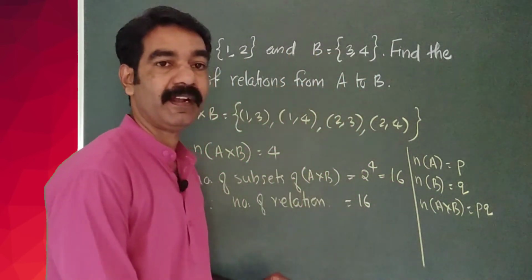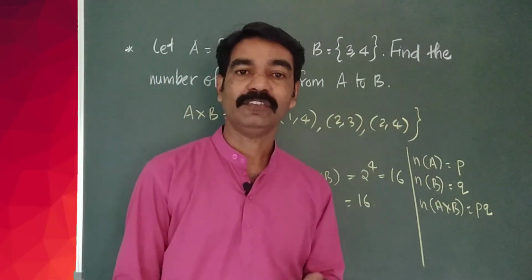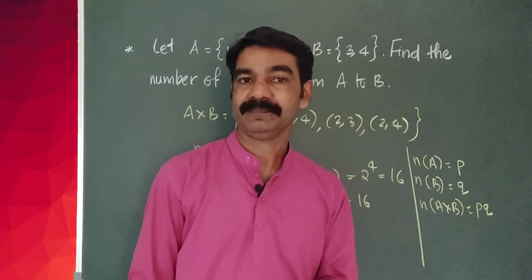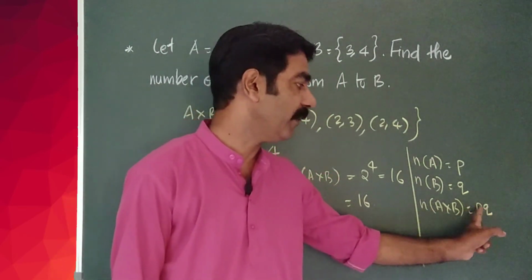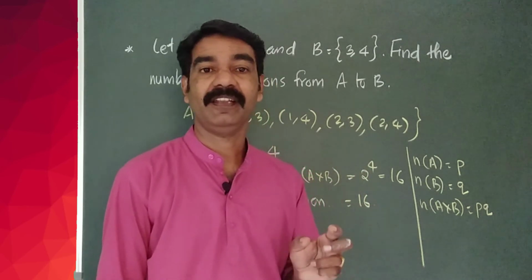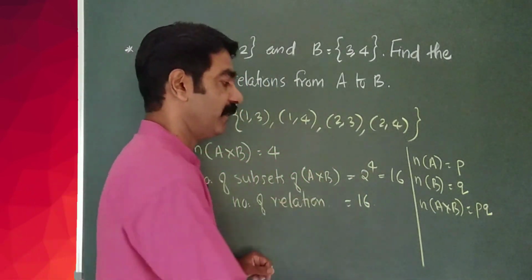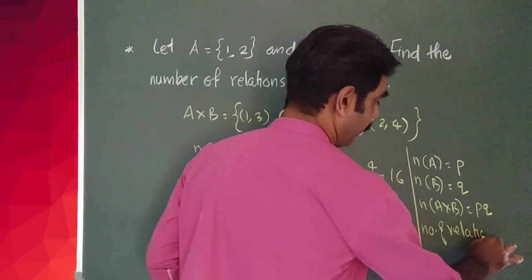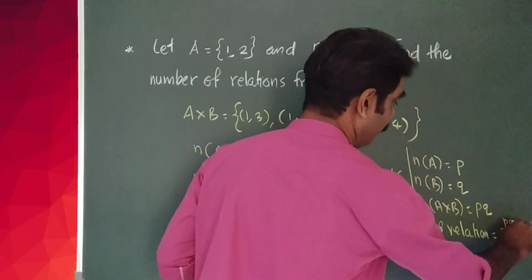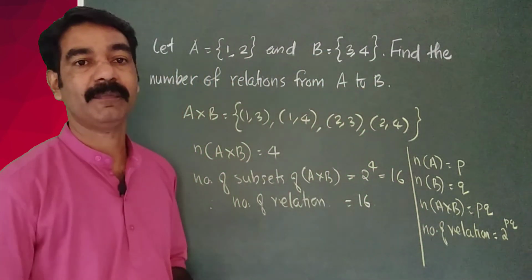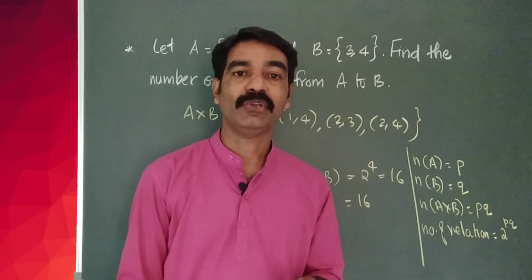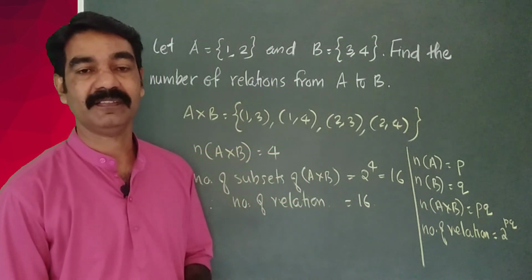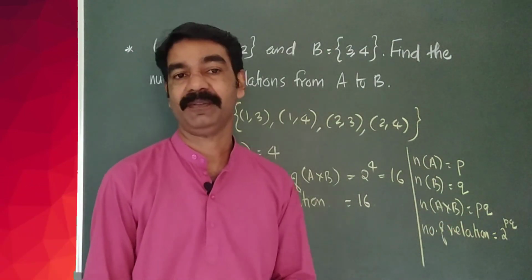So A cross B contains pq elements. If A cross B contains pq elements, how many relations can we write? We can write 2 raised to pq relations. So the number of relations is 2 raised to pq. If A has p elements and B has q elements, we can write 2 raised to pq relations from A to B. So remember, very important point. Okay.